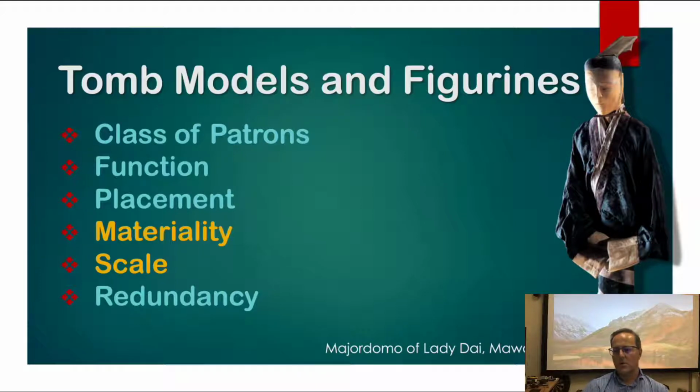Now we also notice something we can compare in terms of scale: the scale of the figurines was relative, and this also determined what class they were supposed to represent. So in the Mawangdui tomb, this major domo here that was found in the tomb is much taller than the servant girl figurines which it was placed on top of, because he is their supervisor.